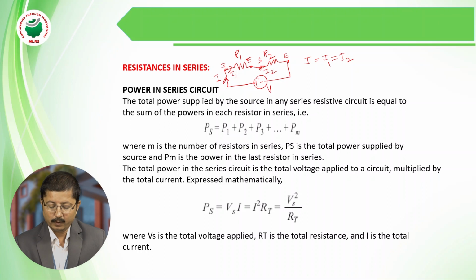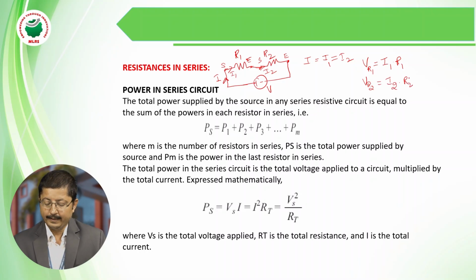But the voltages are different. Whenever the current flows through these resistors, the voltage across resistor 1, VR1, equals I1 into R1. Similarly, the voltage across R2 equals I2 into R2.